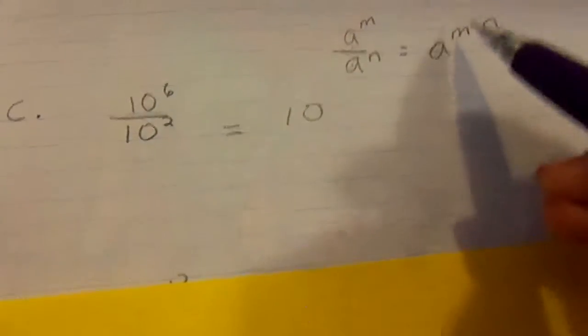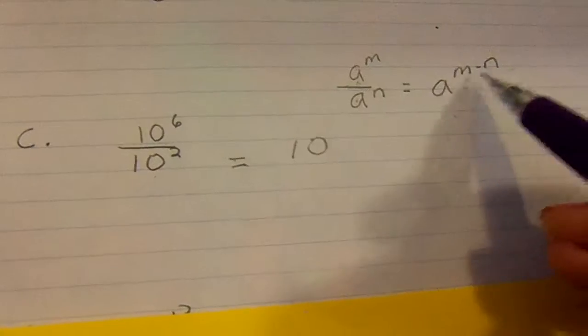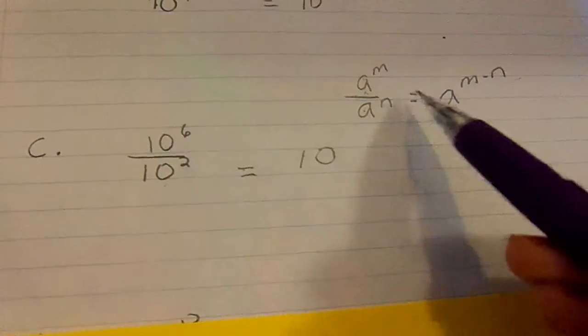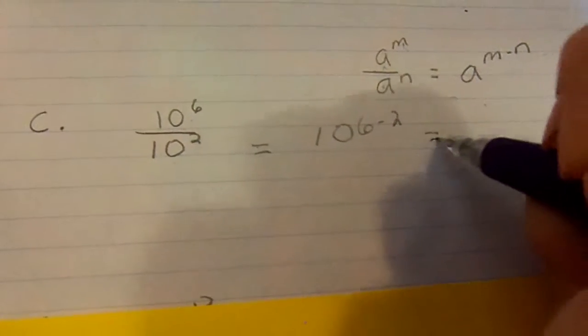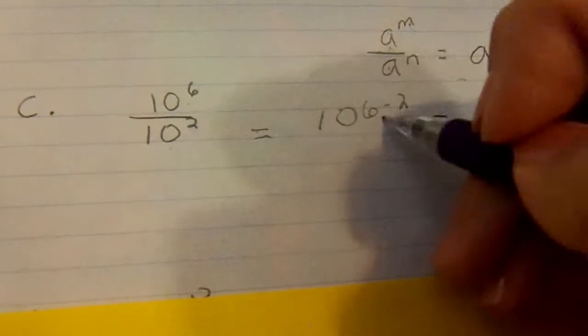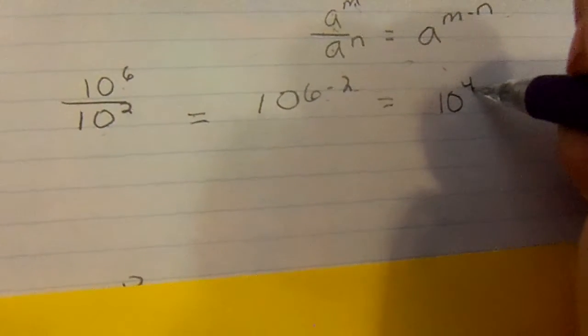So we would carry the 10, and then it says we take m minus n. So the m is up here on top, so it'd be 6 minus 2. 6 minus 2. So our final answer, because 6 minus 2 is 4, is 10 to the 4th power.